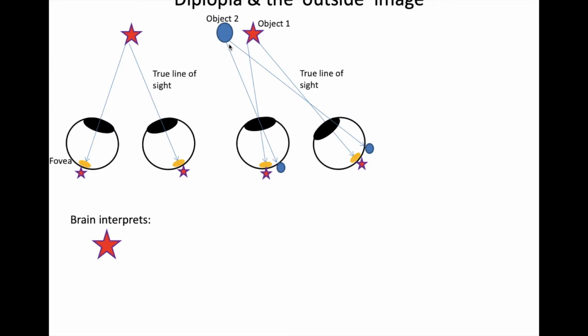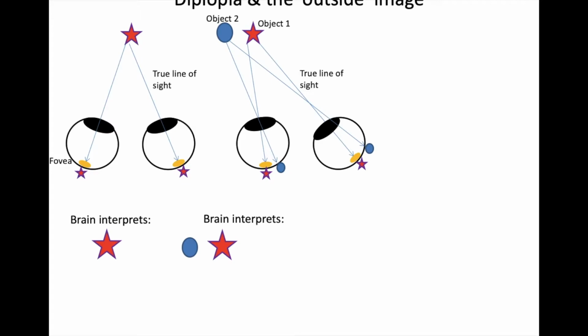The light from the blue circle, which is lateral to the red star, the object of fixation, is hitting the side of the fovea in both eyes, like so. The brain, again correctly, interprets this, the red star in the middle, the fixation point, and a blue circle lateral to the red star.